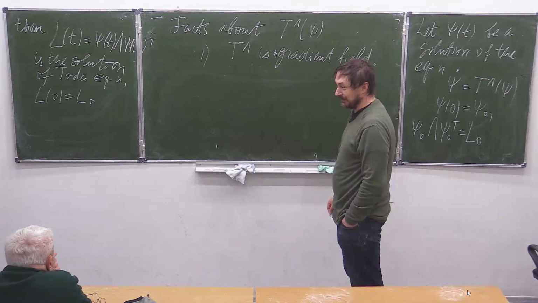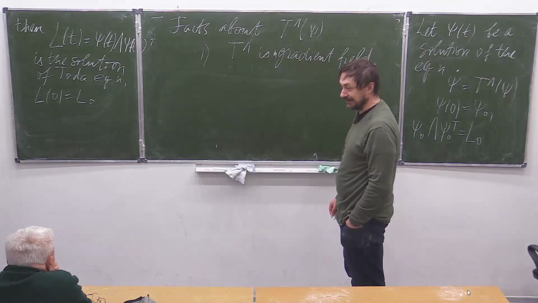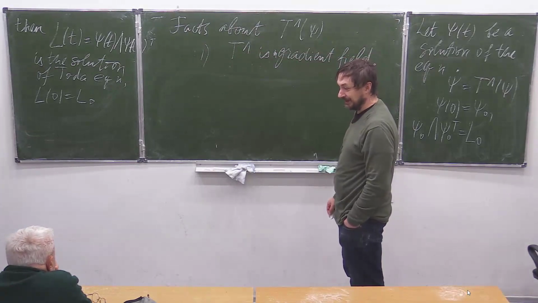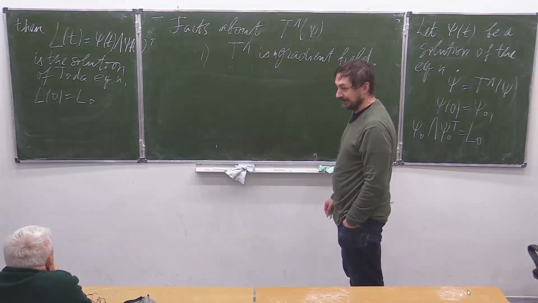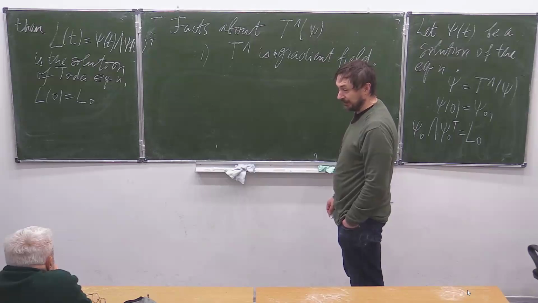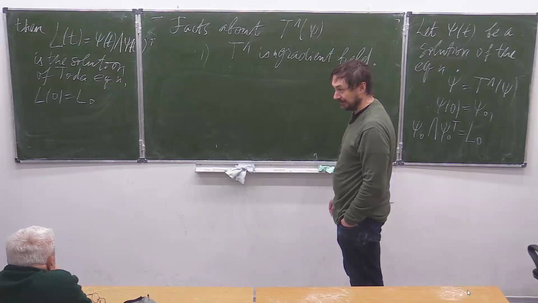And the properties of gradient fields and Hamilton fields are sometimes opposite. For instance, gradient fields cannot have closed trajectories at all, because they always go in the direction of the growth of the gradient of the function.